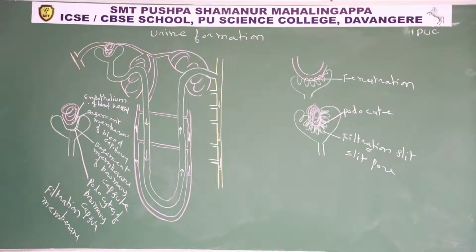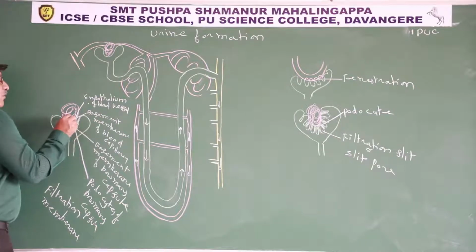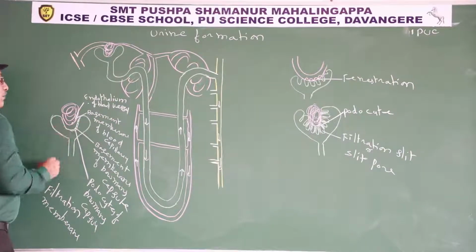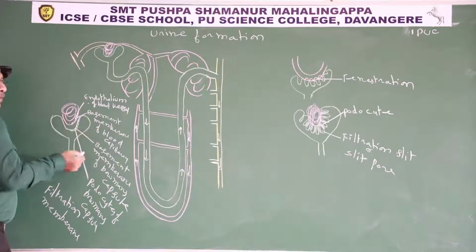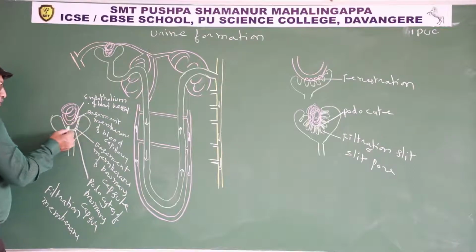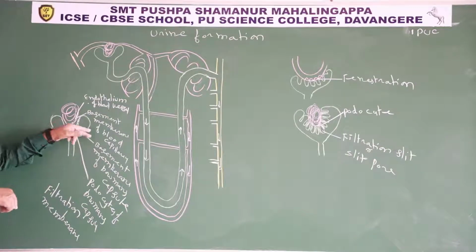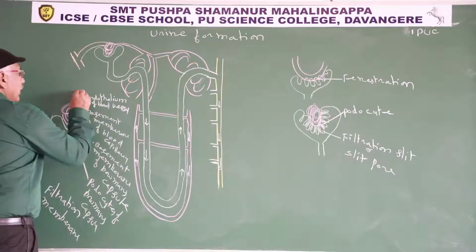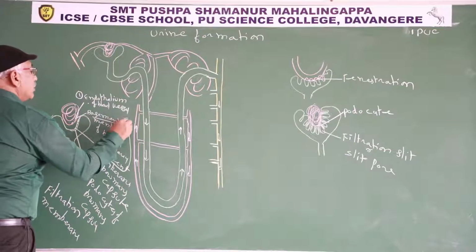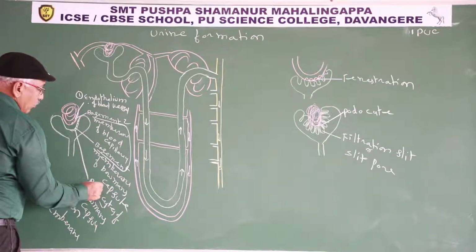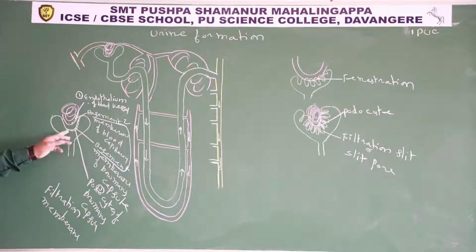These three layers collectively are known as filtration membrane. One layer is flattened epithelium of blood capillary. Another layer is flattened epithelium of Bowman capsule. Basement membrane of blood capillary and basement membrane of Bowman capsule together are known as one layer. Podocytes, the flattened epithelial cells of Bowman capsule, are another layer.